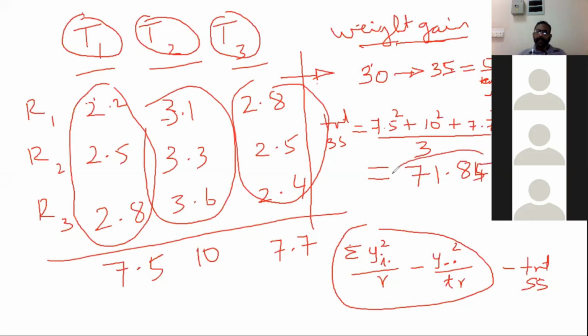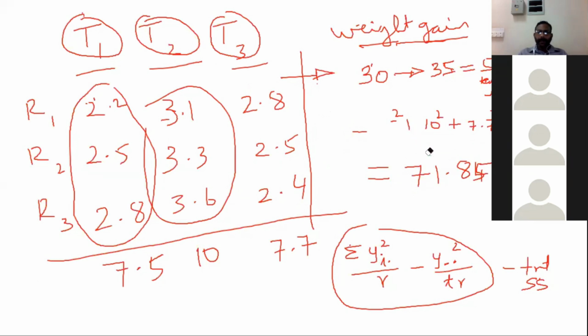Let's say keep this in mind. This is called the treatment sums of square. I'm going to erase some of this now because we need all the space.